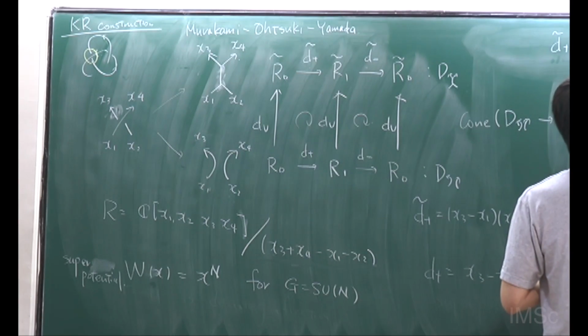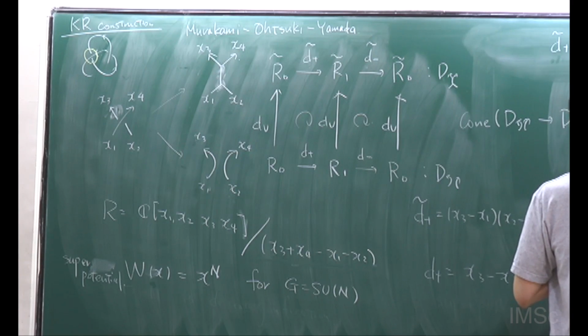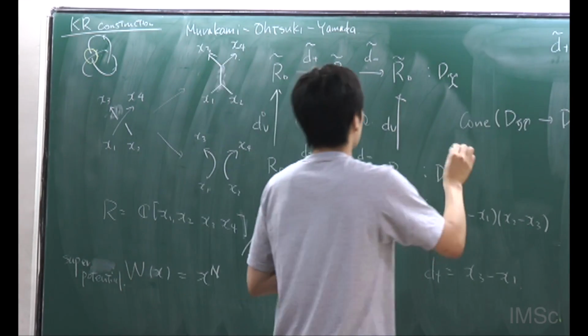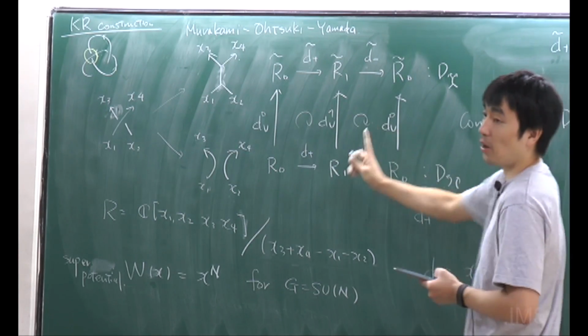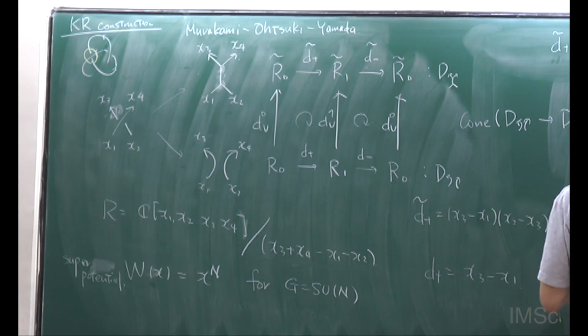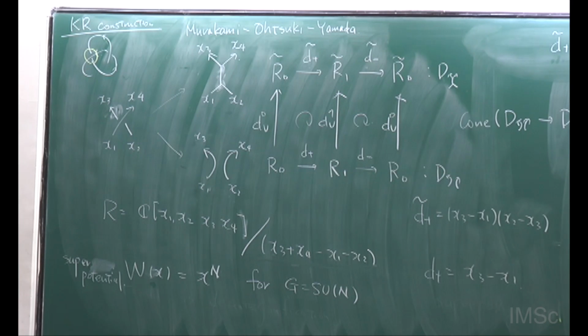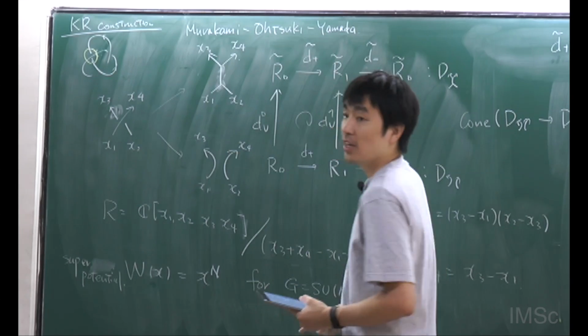So therefore, one can define dV as x2 minus x3, and so dV0 and dV1 and dV0. V means vertical. And at each crossing you assign this cone, the matrix factorization.